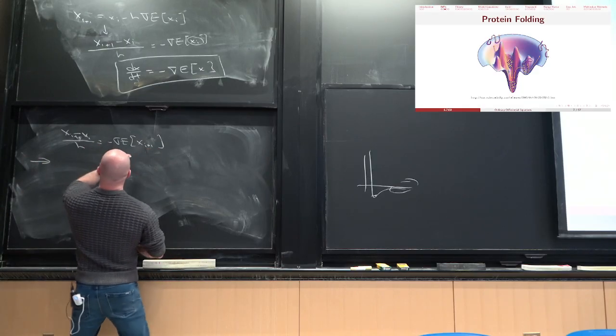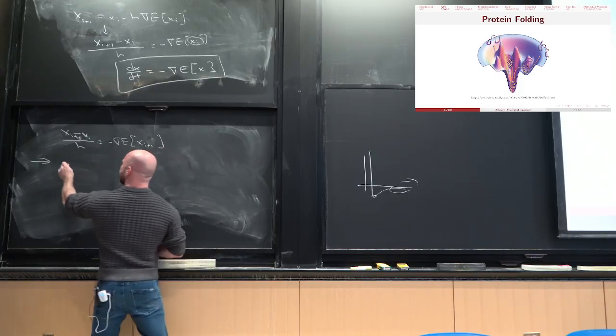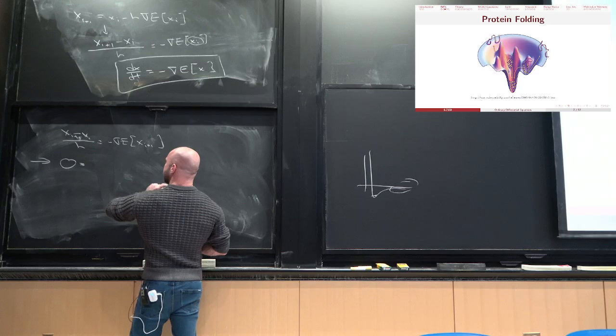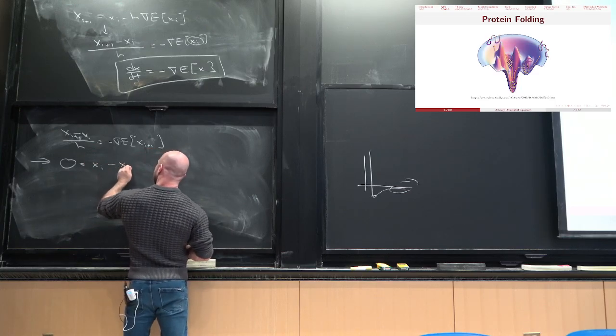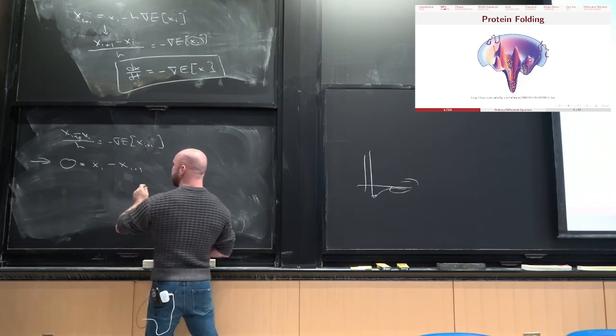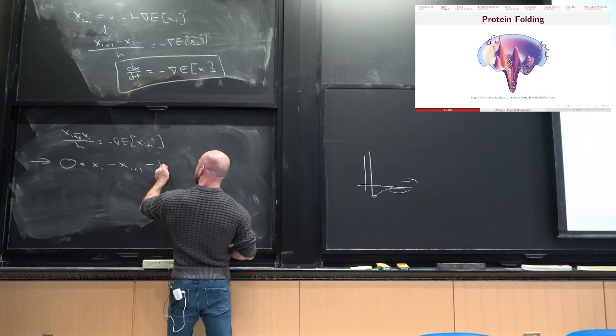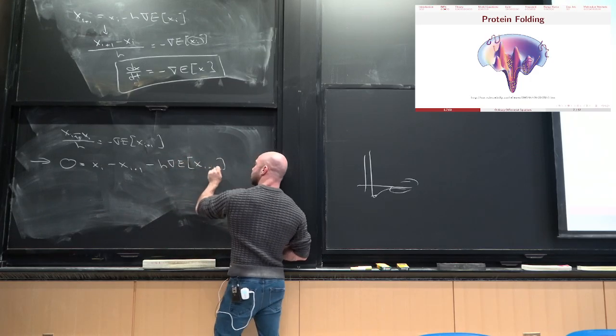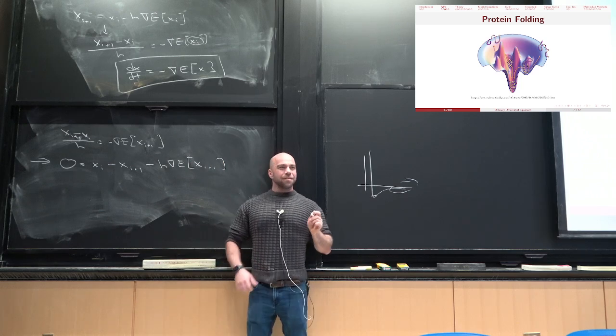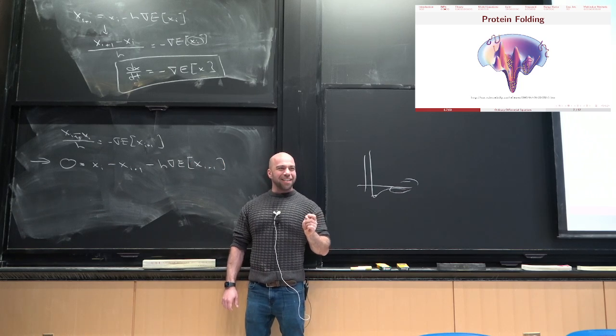I'm invested. Okay, so let's solve this thing by isolating a 0 on one side. So in particular, we will get x_i minus x_{i+1} minus h grad E at x_{i+1}. Cool? I don't think we've done anything too exciting.